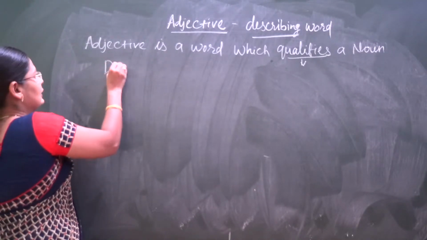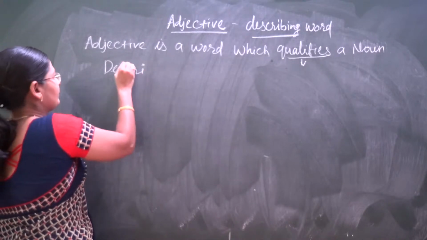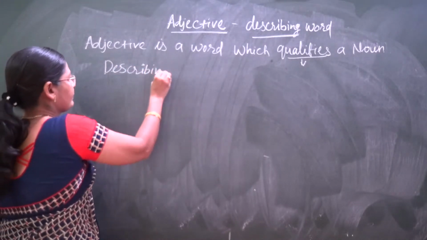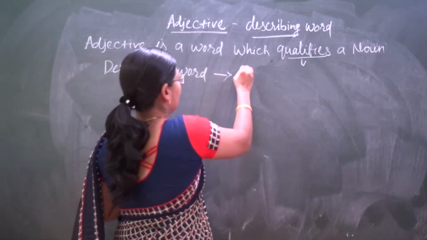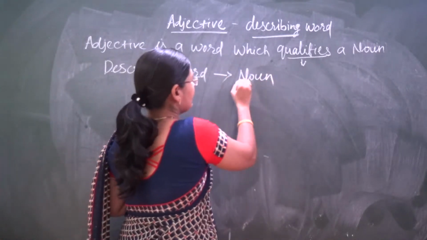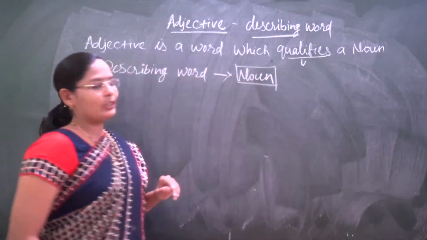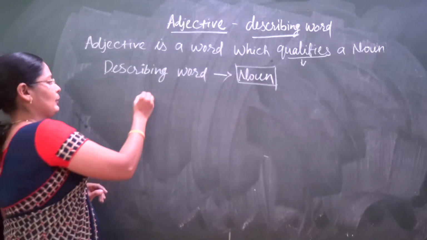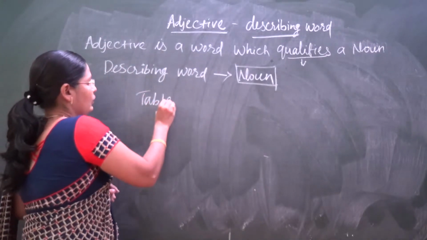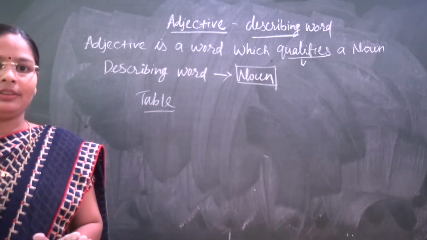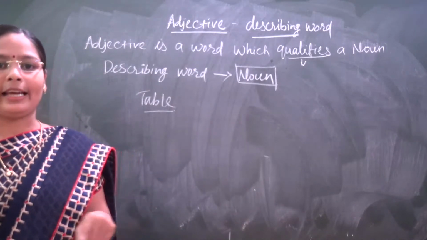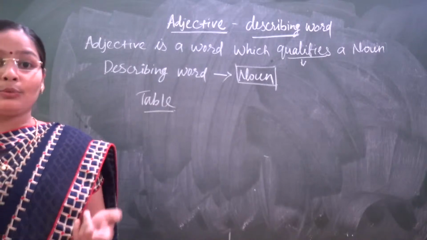It is a describing word for what? For a noun. For example, table. I told you to describe a table. You would say it is a rectangular table, it is a wooden table.